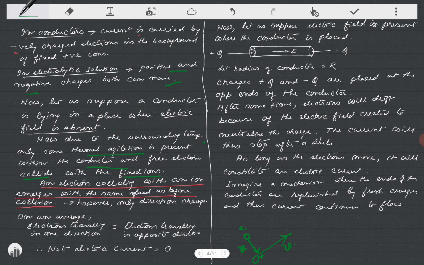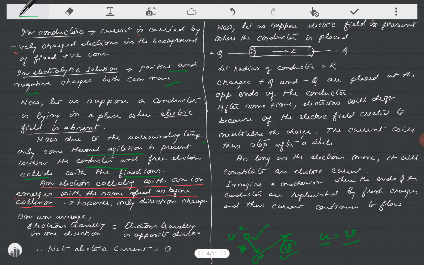Remember, it is very important. If the initial speed is u and the final speed is v, then u is equal to v. This is before collision and this is after collision. However, only the direction changes.